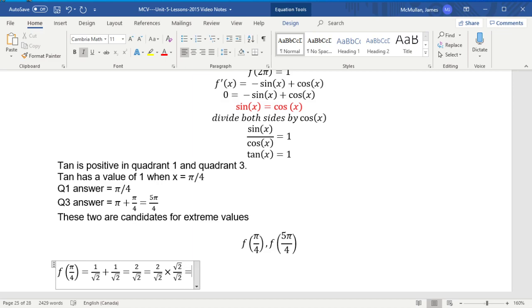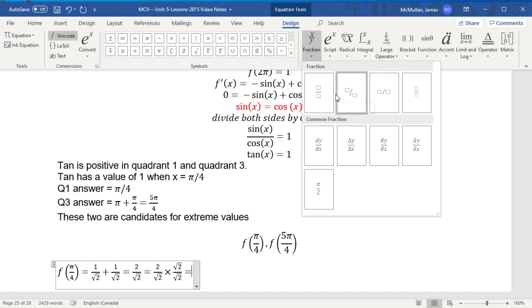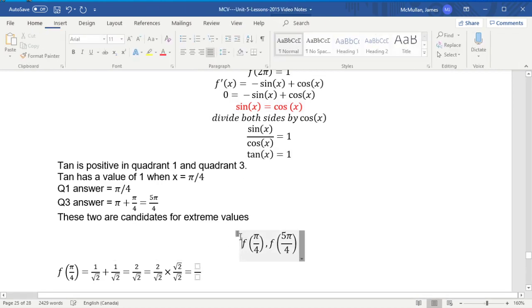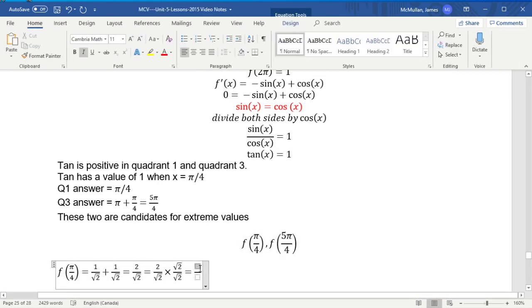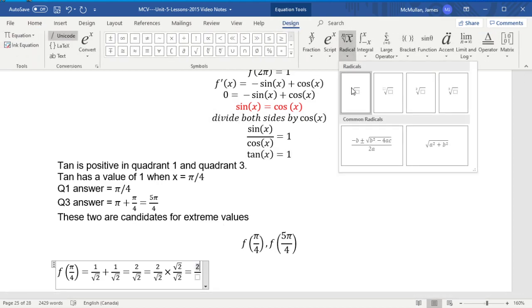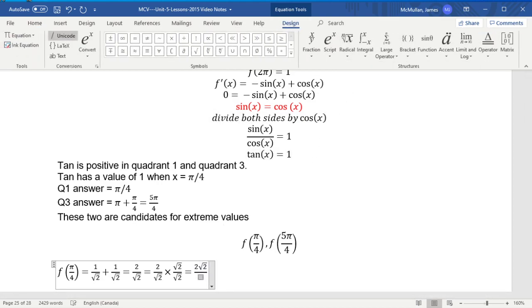Look what happens here. The two root 2's on the bottom multiply together to become 2. The top, you do top times the top, so you get 2 root 2. And the bottom is just 2. So now the two regular 2's cancel, and you're left with root 2.